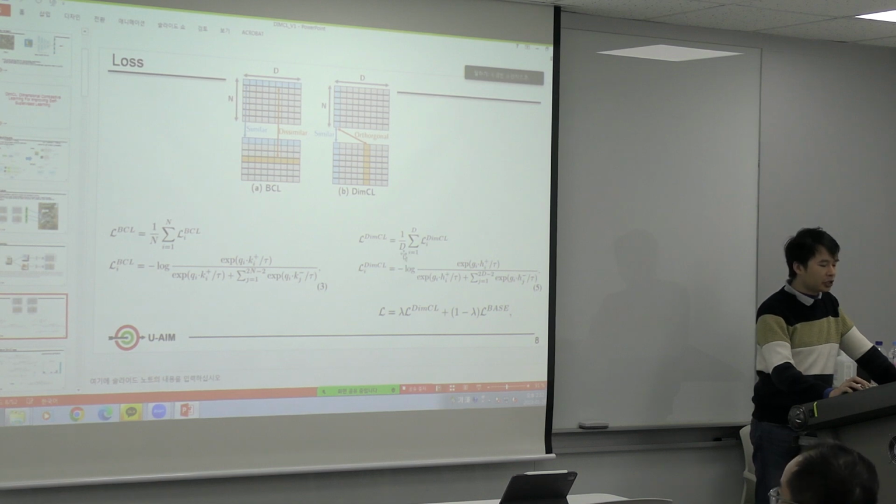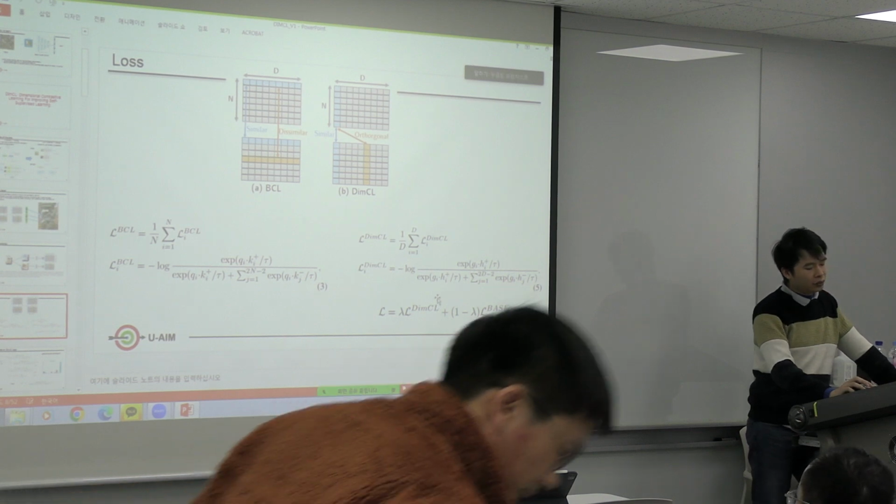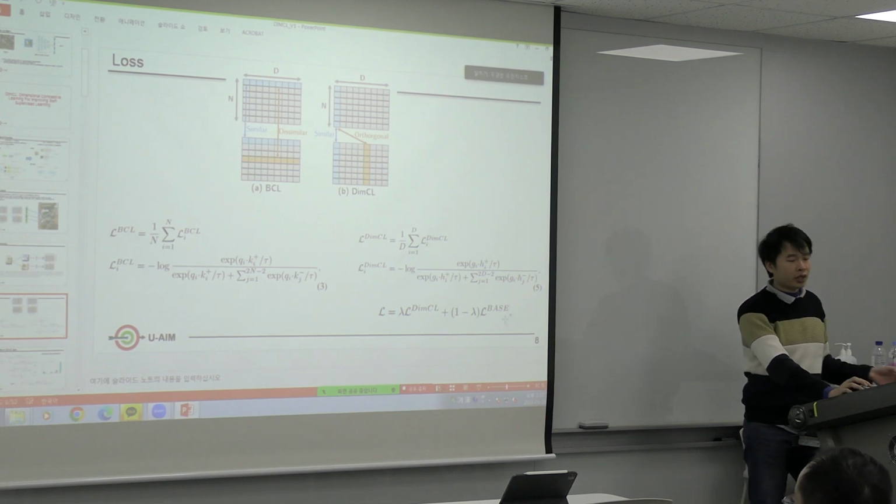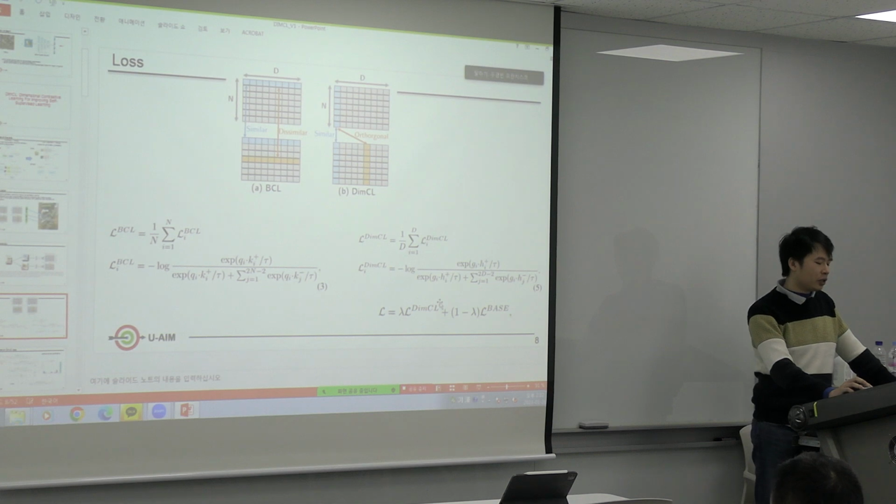It's very simple. We use the same form as contrastive learning here, but apply it along the dimensional direction. Then we use it as a regularizer for regular baseline methods. Here we denote the loss of the baseline, and we incorporate it into the loss by a factor lambda. We call it the balance weight lambda.